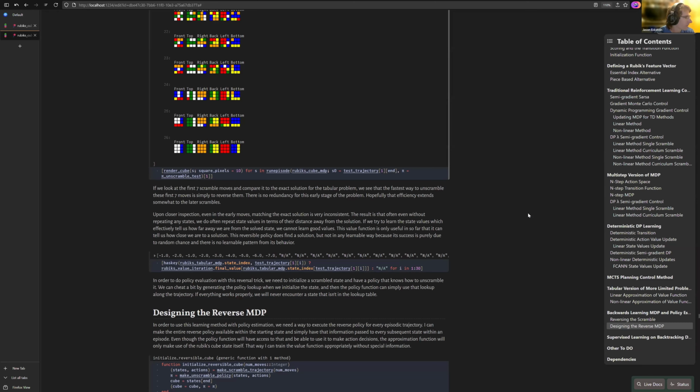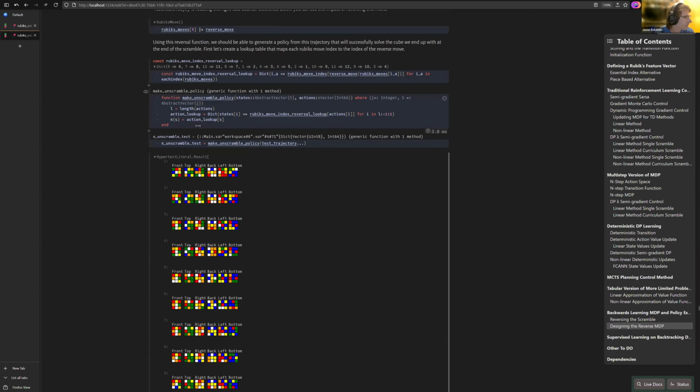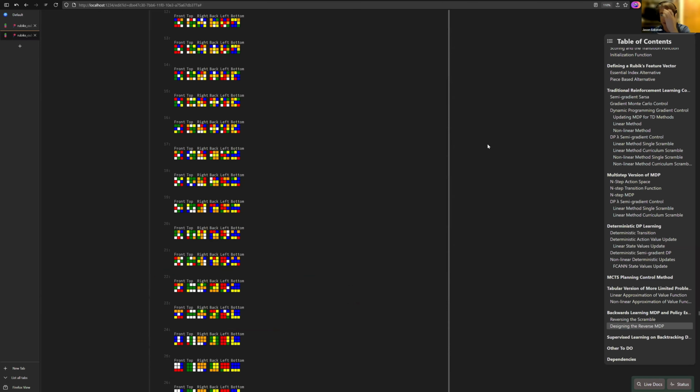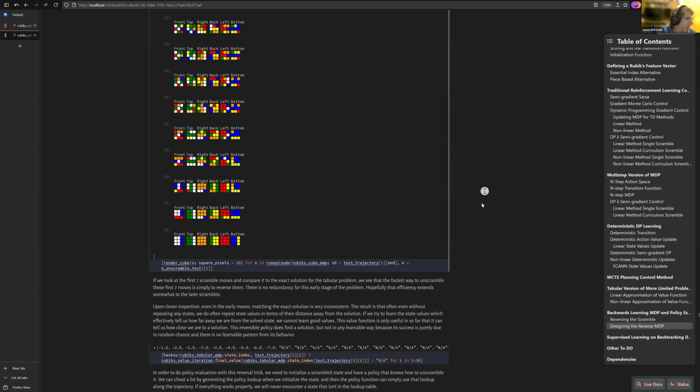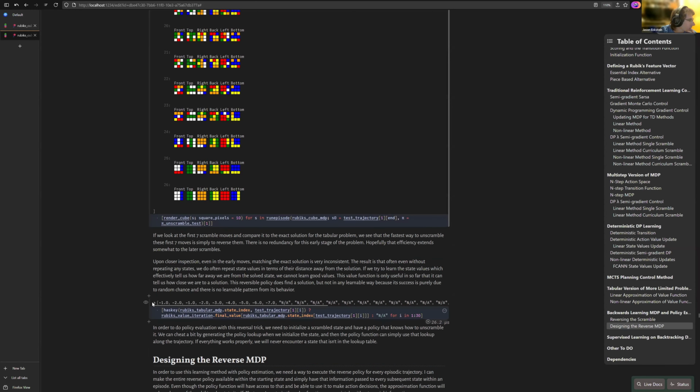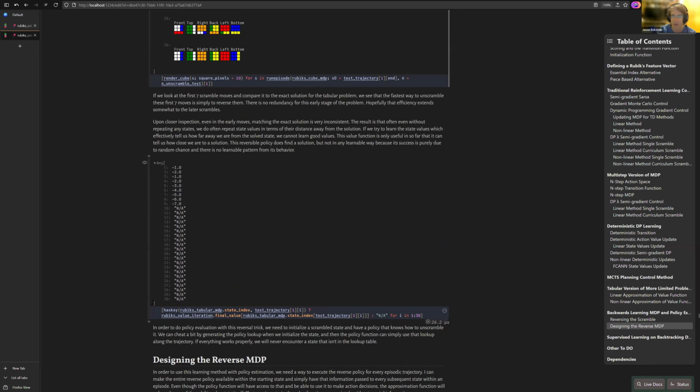So remember, I had generated this scramble trajectory here for a bunch of moves. Now, because I have the tabular solution that I already learned, I can at least see if any of these scrambled cubes are within that tabular solution, which the ones close to a solution will be, then I can see what they look like in the tabular solution. So this is showing, on the way for the cube being unscrambled, what the value is.